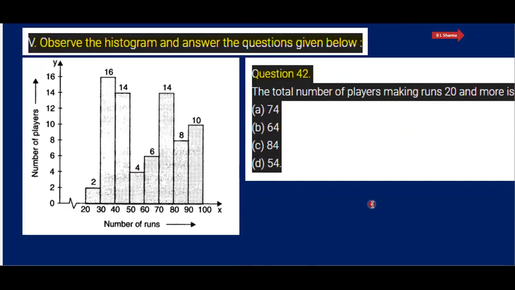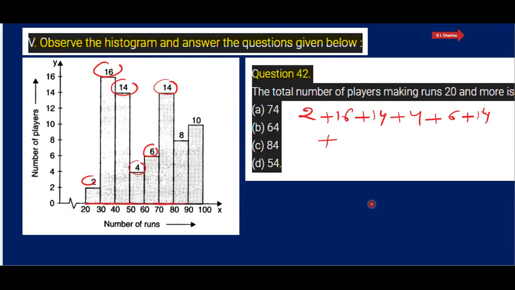See, 20 to less than 30, 2 players. 30 to less than 40, 16 players. 40 to less than 50, 14 players. 50 to less than 60, 4 players. 60 to less than 70, 6 players. 70 to less than 80, 14 players. 80 to less than 90, 8 players. 90 to less than 100, 10 players.